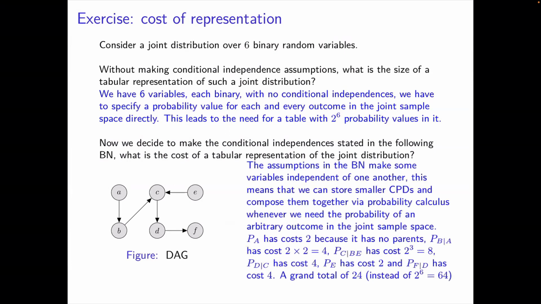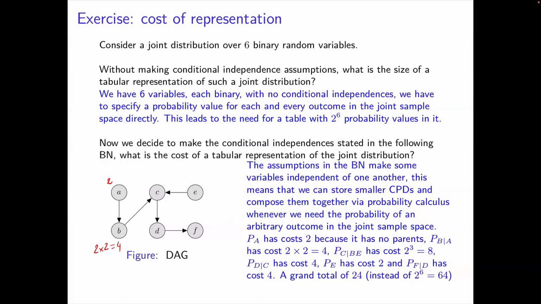Okay, so what do we get? Well, A doesn't have a parent, so it's just a table for the assignments of A, and we have 2 probabilities here because we have 2 assignments. B has a parent, which is A. A is binary, so we have 2 CPDs of the kind B given A. B is itself binary, so 2 CPDs with 2 outcomes, that's 4 probability values.